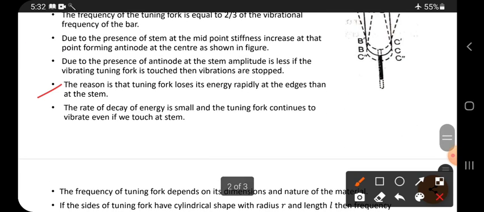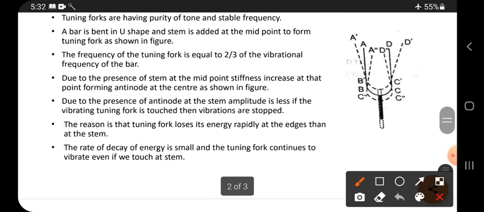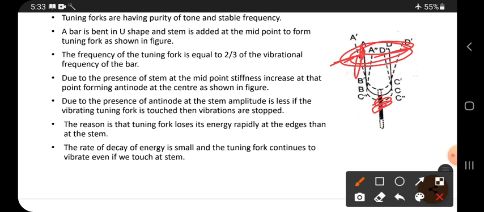The reason is that the tuning fork loses its energy rapidly at the edges rather than at the stem. When the tuning fork is vibrating and you touch the edge, it stops suddenly, but at the stem it's not like this.